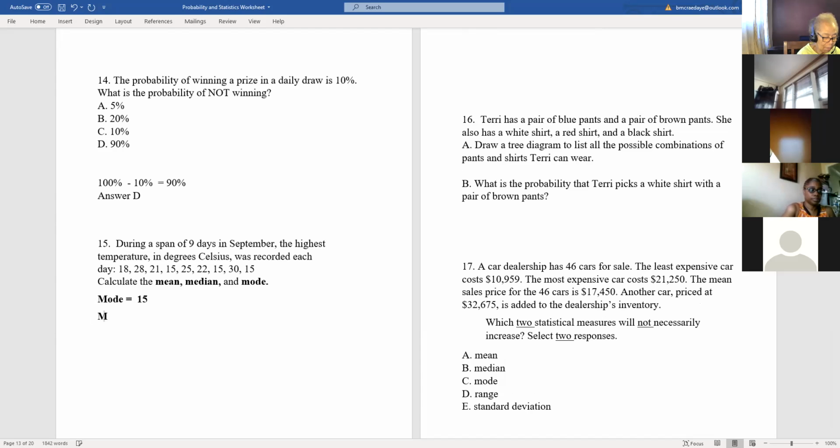Now find your mean. That would be adding up all your scores: 18 plus 28 plus 21 plus 15 plus 25 plus 22 plus 15 plus 30 plus 15.